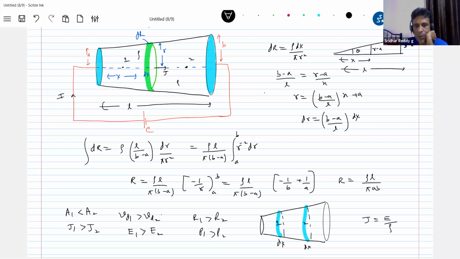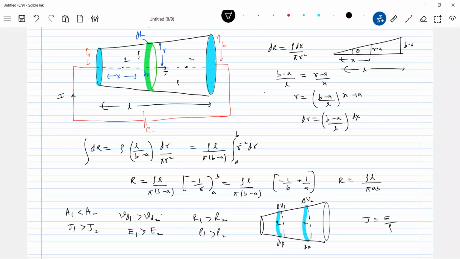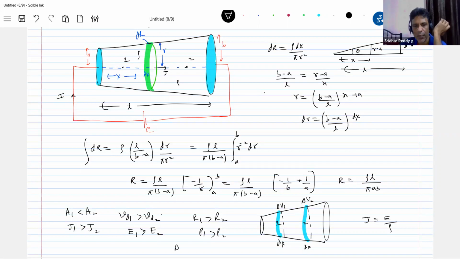Can you say anything about potential differences? What is the expression for potential difference? E1 is greater than E2, and with the same dx, delta V1 is greater than delta V2.